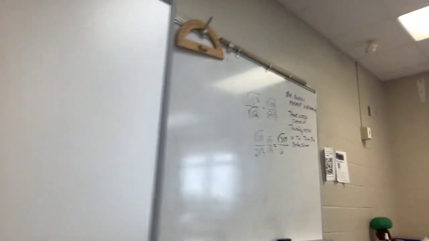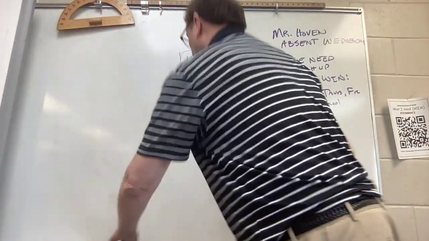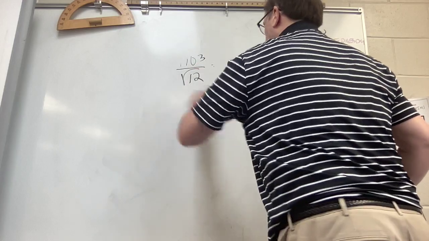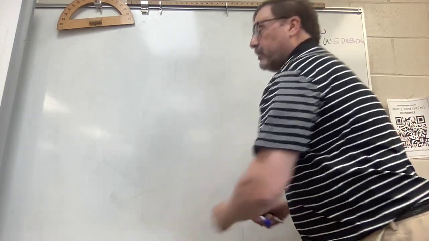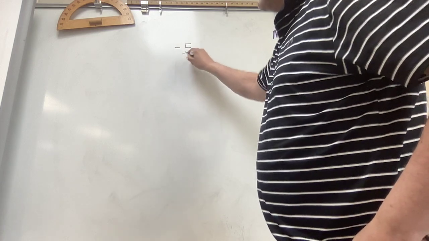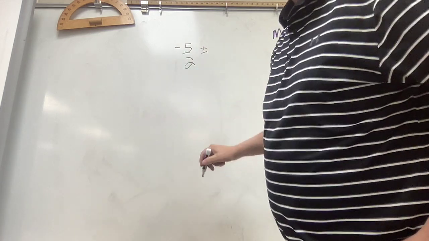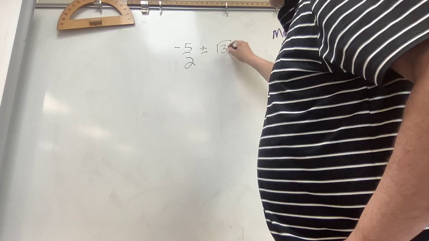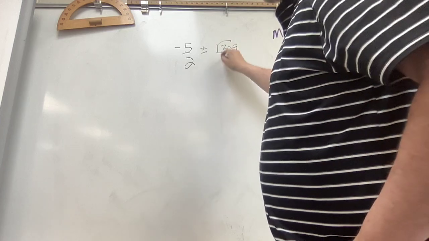A lot of fractions on this, finishing this up. And the last thing we have to do is the following. Add negative 5 over 2 plus or minus the square root of 309 over 6.